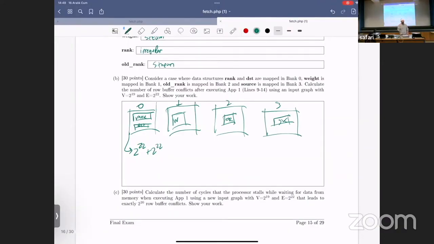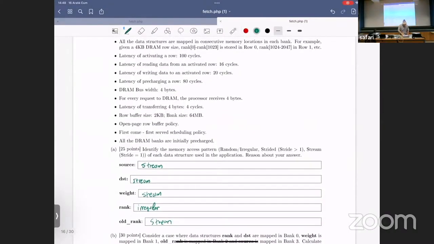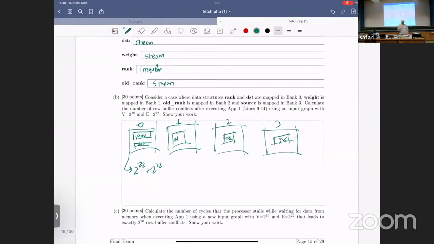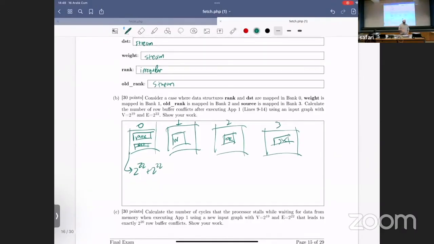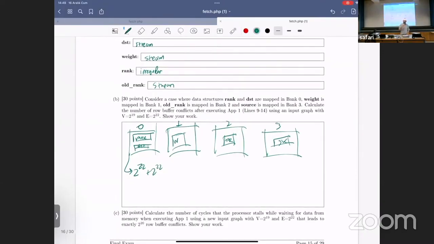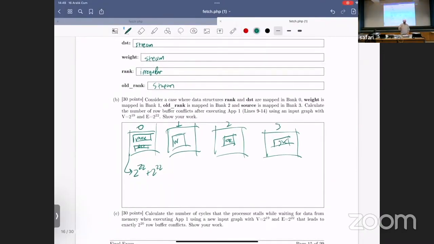What does that depend on? The number of values we read from each row. Each row is 2 kilobytes, and we read 4 bytes every time. So it's 2 to the power of 11 divided by 2 to the power of 2, which is 2 to the power of 9. So for every 2 to the power of 9 reads, we need to have a row buffer conflict.